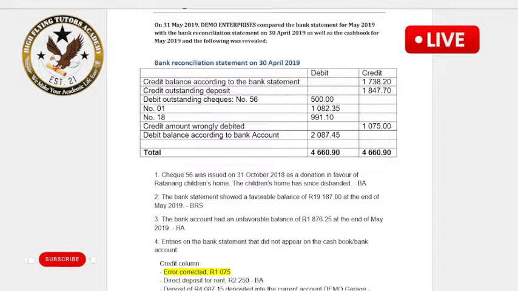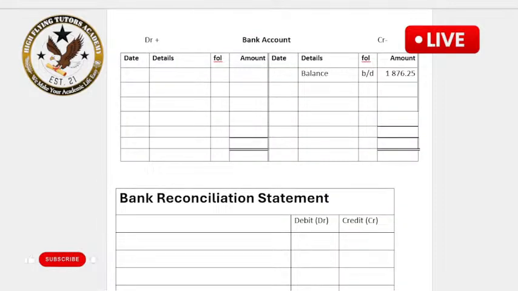We go to the answer sheet. On the debit side of our bank account, we say donation. We are reversing the donation. It's a reversal of payment. This one of 500, because that money must be reversed.